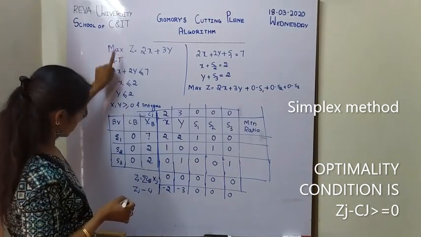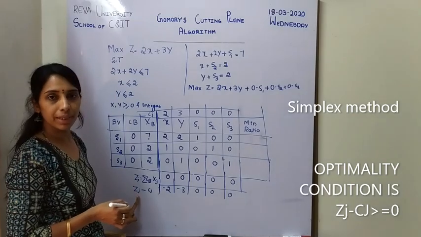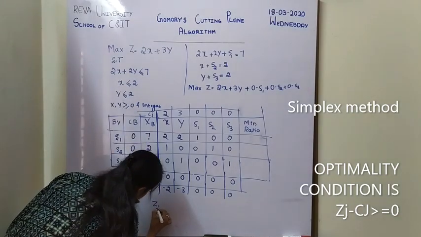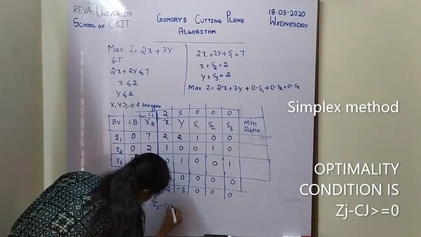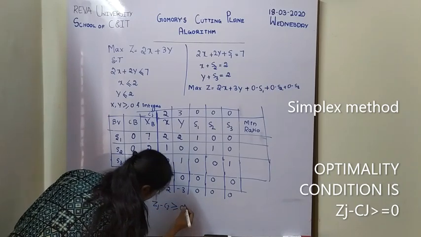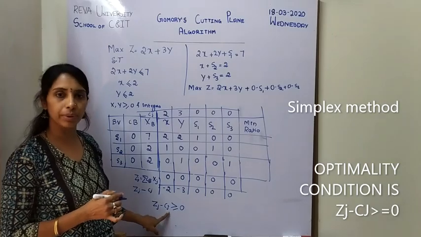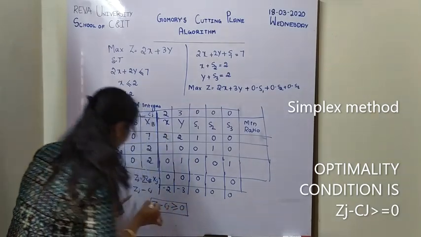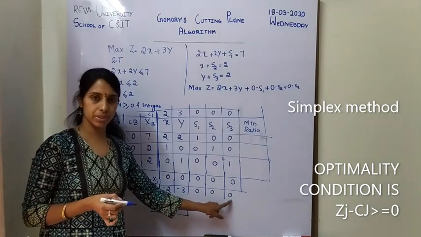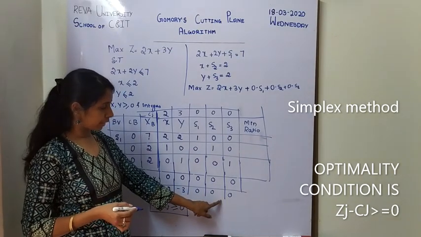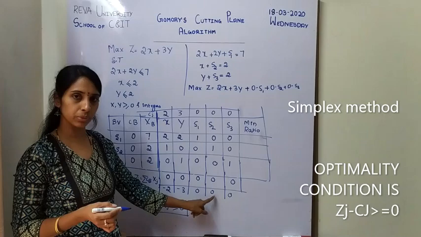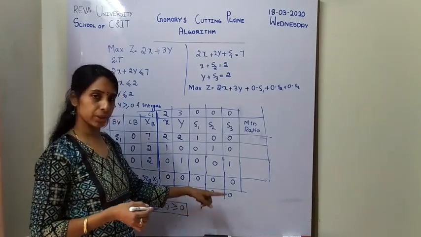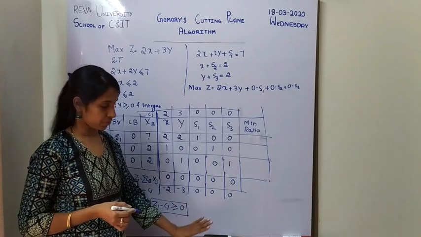For maximization, the optimality condition is Zj minus Cj should be greater than or equal to 0. Is our Zj minus Cj greater than or equal to 0? No. This indicates we have to find the optimal solution by continuing to the next iterations.